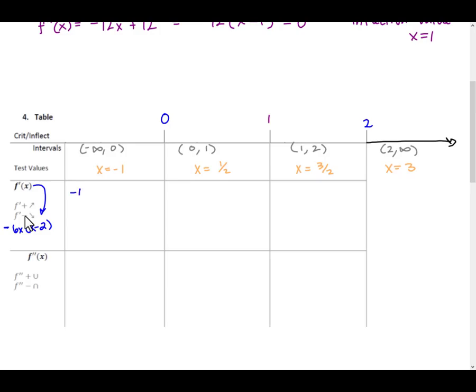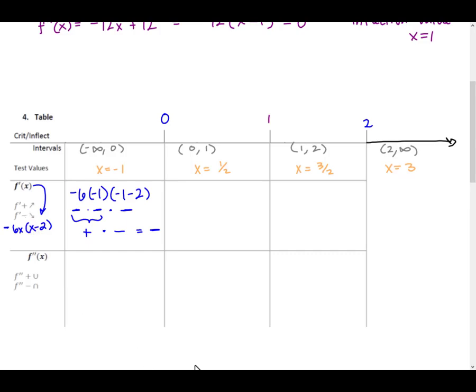So I'm going to write some information here. I've got negative 6, negative 1, and negative 1 minus 2. I'm not actually going to calculate this. I'm just going to say, well, negative 6 is negative, times negative 1 is negative, and negative 1 minus 2 is negative. Negative times a negative is positive, and a positive times a negative, the whole output here is a negative value.